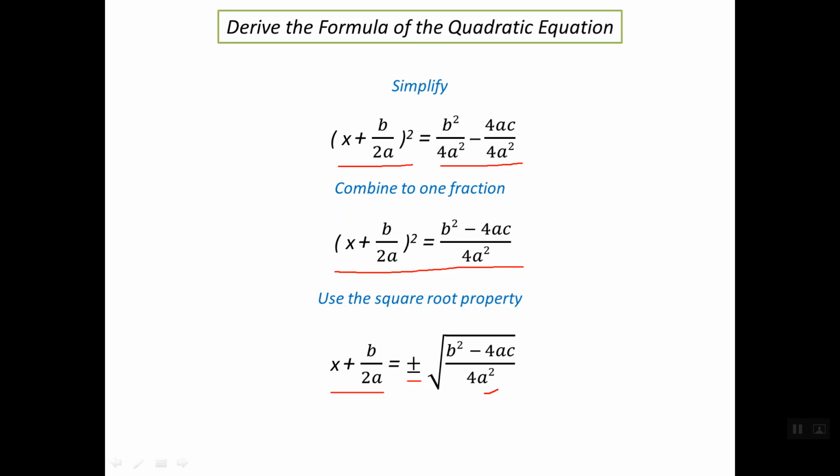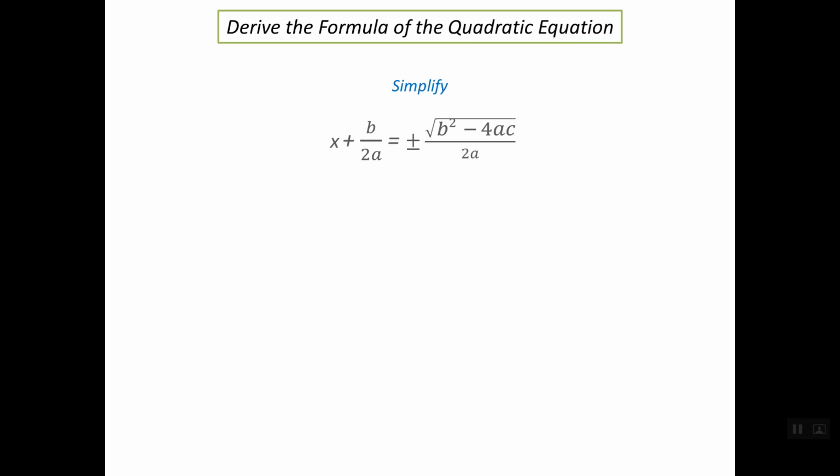We know that the square root of 4a squared is 2a, so we can simplify it. So x plus b over 2a is equal to plus or minus the square root of b squared minus 4ac, over 2a.